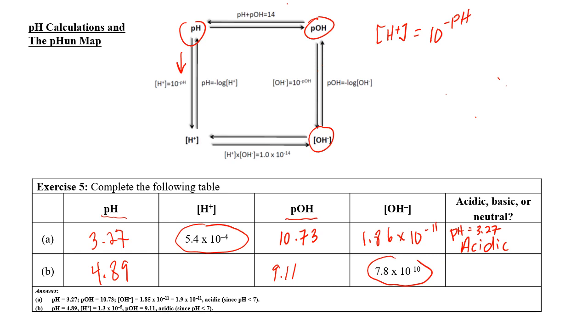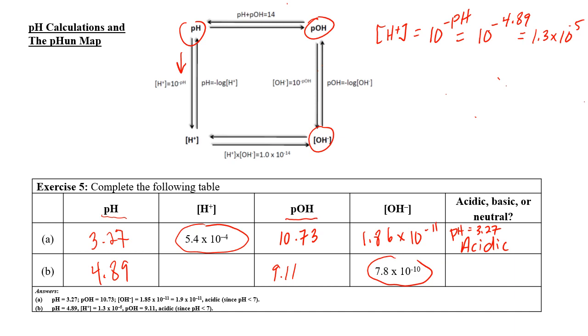All right, so let's plug it in. 10 to the minus 4.89. So your H plus is 1.3 times 10 to the negative fifth. Now, if you put these in your calculator and you get a slightly different answer, it could be just rounding.